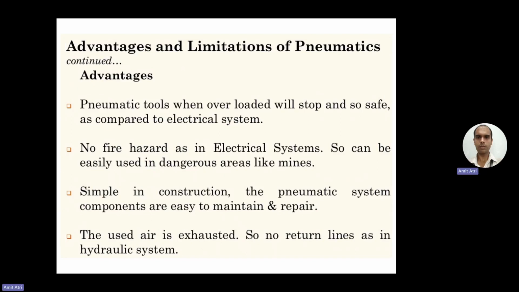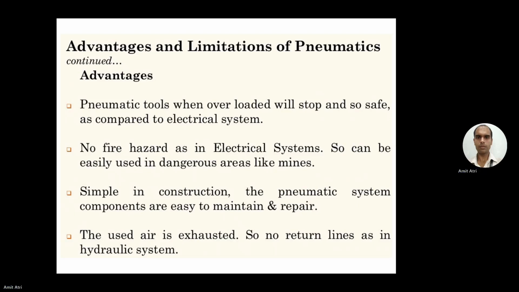Pneumatic tools, when overloaded, will stop, so they are safe compared to electrical systems. It's automatic. The next is no fire hazard compared with electrical systems, so they can be used in dangerous situations like mines.